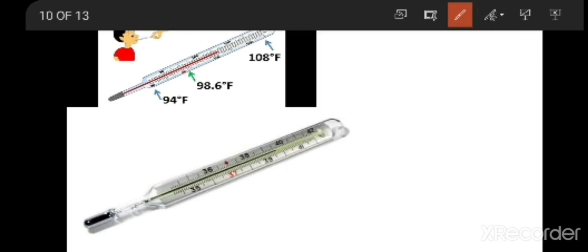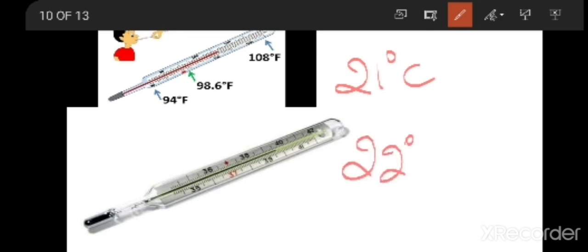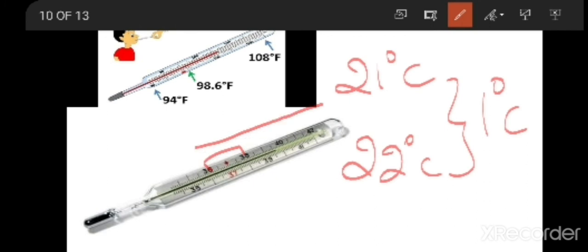And the disadvantage of alcohol is it shows more expansion. When you use alcohol, if your body temperature is 21 degrees Celsius and it has increased to 22 degrees Celsius, so the raised temperature is 1 degree. Mercury will move only 1 centimeter, but if you use alcohol it moves a lot. For 1 degree Celsius also its expansion is more, it is not like mercury.